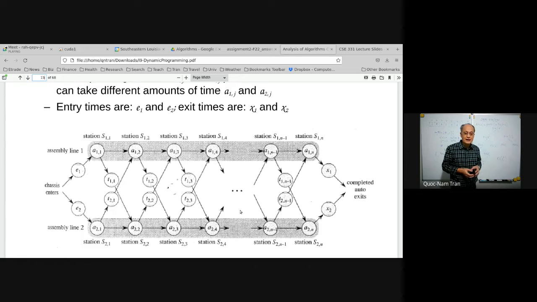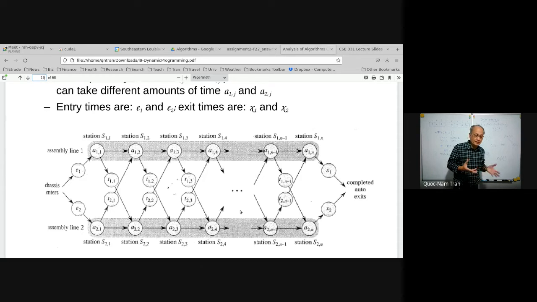So the question is that when they have a new chassis to enter the assembly line, how should they send the chassis, whether going through only one assembly line or going through, say, one and the other, right? So finding the best way based upon the current status of the assembly line will be a real-world question, okay?